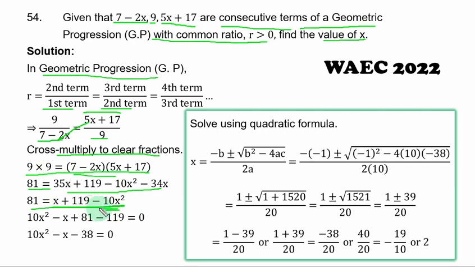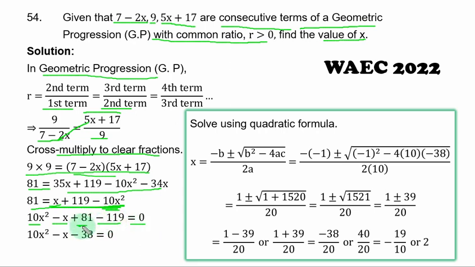So going by the highest power of s, that is 2, if you transfer this term, it becomes plus 10s squared. You transfer this, it becomes minus s. Plus 18 plus 81 is already here. If you transfer plus 119, it becomes minus 119 equal to 0.